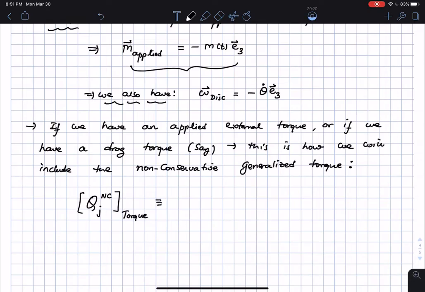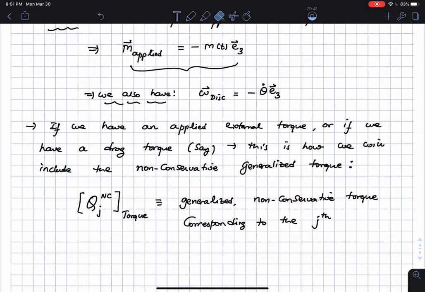Let us say that this is the generalized non-conservative torque corresponding to the jth generalized coordinate.